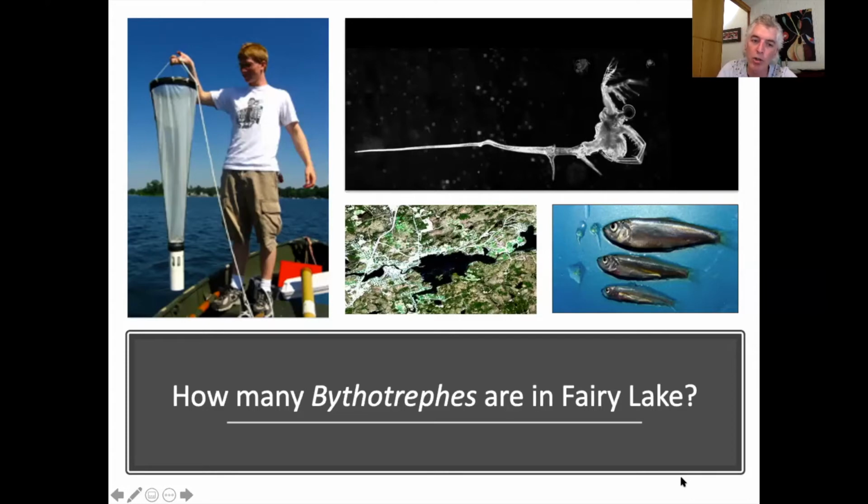And so if we were to try and count the number of individuals in a particular lake, we'd face this challenge that that number is constantly changing because new individuals are being born and individuals are constantly dying. So even if we did try and catch every single one in the lake, the number that are in the lake at any one point in time is not going to stay the same.